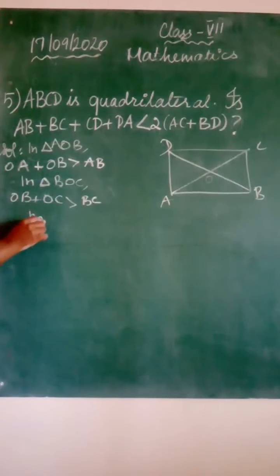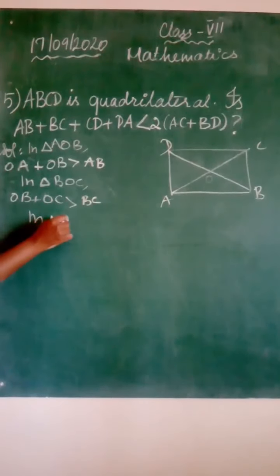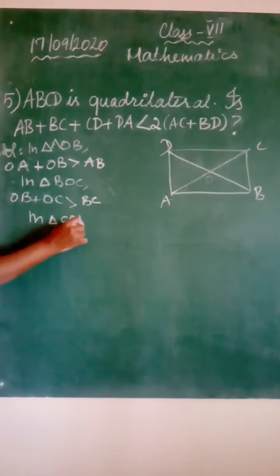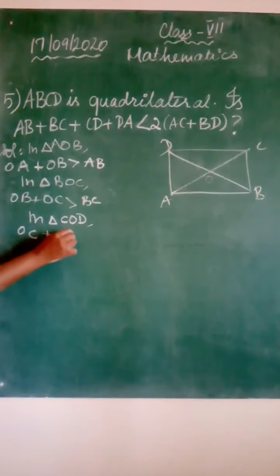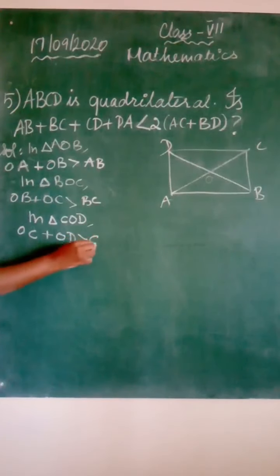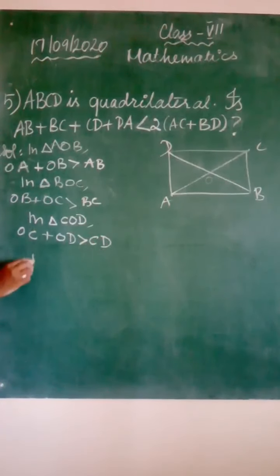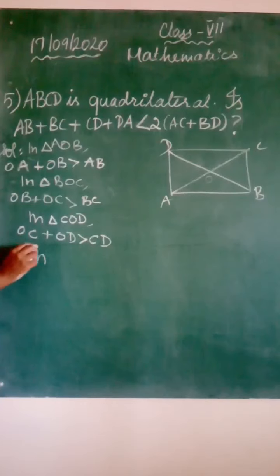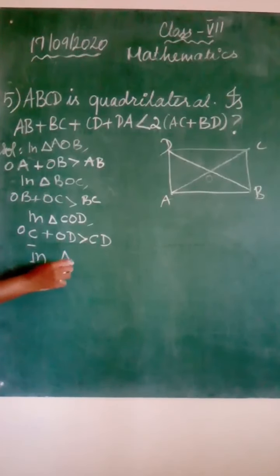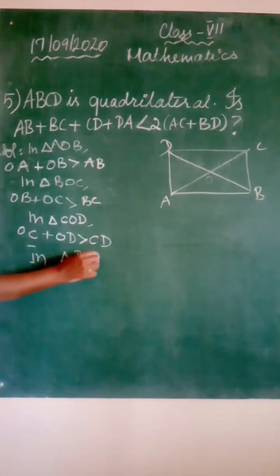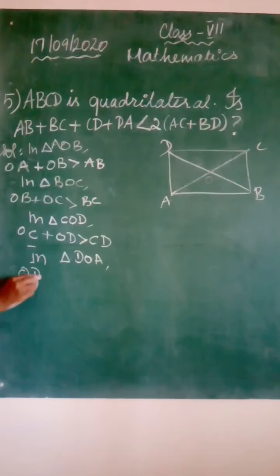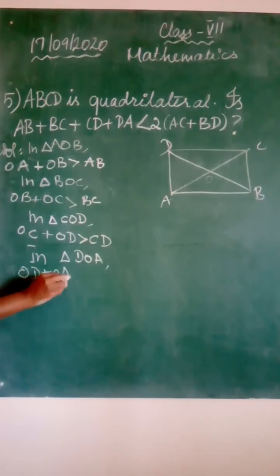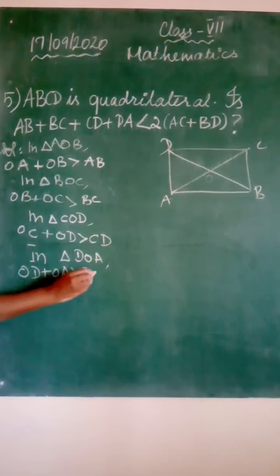Next in triangle COD, OC plus OD greater than CD. In triangle DOA or AOD, anything. Okay. Then you will say OD plus OA greater than DA.